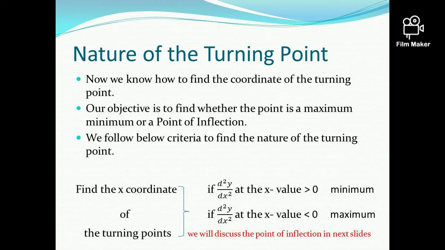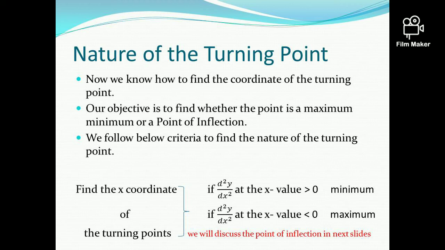To obtain the nature of the turning point, we use the following procedure. Initially, you differentiate the equation, equate it to 0 and obtain the x coordinates of the turning point. Then after that, differentiate that answer again. That means you have to obtain your second differentiation.